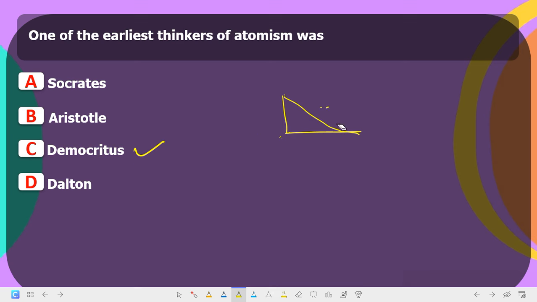Then we now have the atomism school of thought, whose major exponent was Democritus, and he propounded that the atom is the smallest uncuttable particle of an element. But this idea was rejected by Aristotle and this other man here. Okay, so that is that.